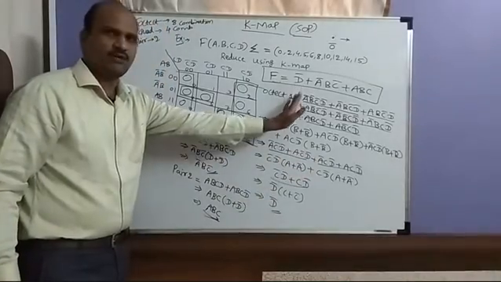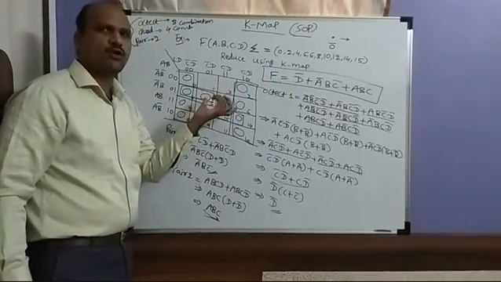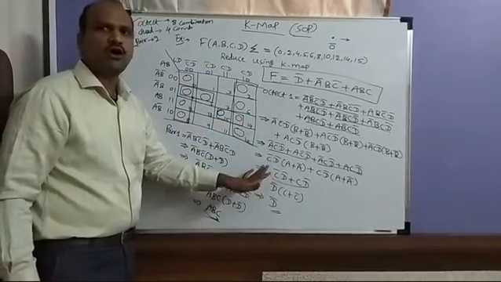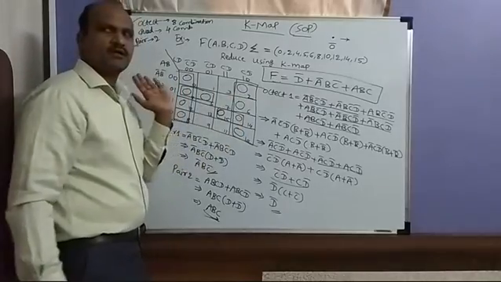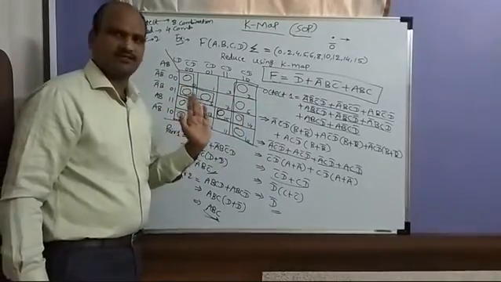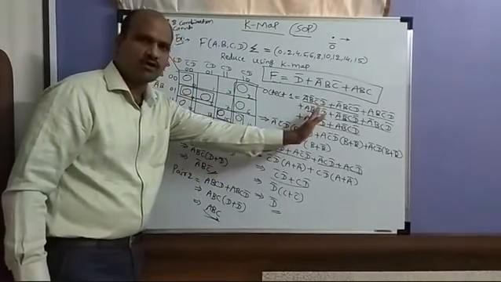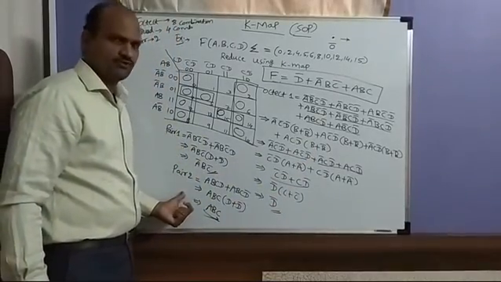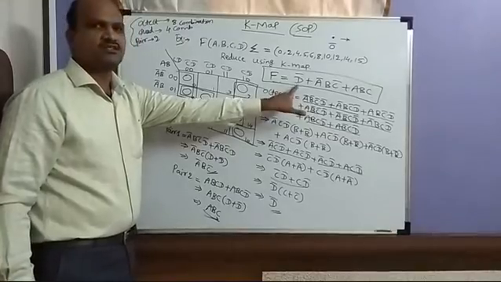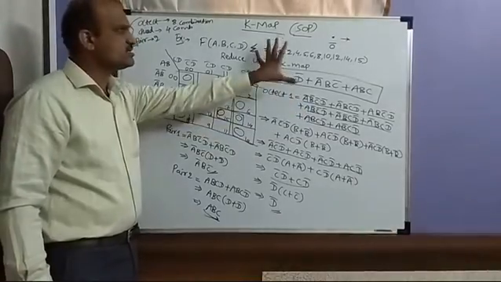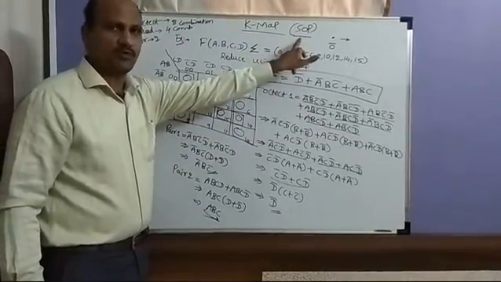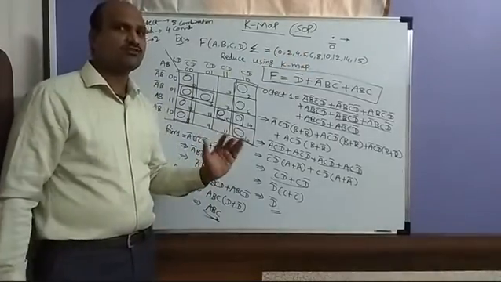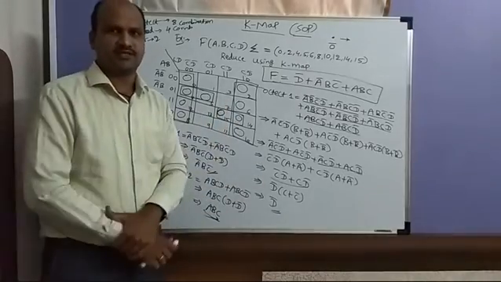If you get 2 quads or 3 quads or 4 pairs, you have to reduce all expressions for each particular quad or pair. So here we got an octet, we reduced it; we got a pair, we reduced it; we got a pair, we reduced it. Finally, write the expression. This is the final expression for this K-map, for SOP. In the next class we will discuss one example for POS. Thank you.